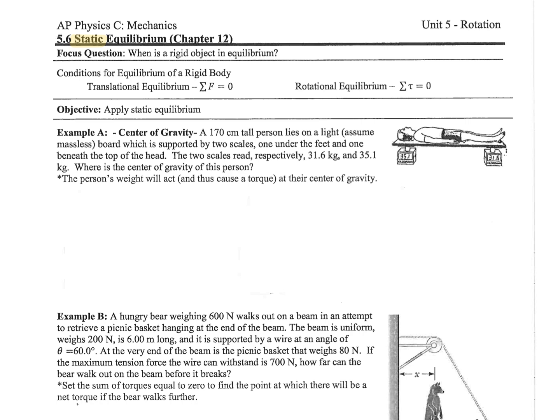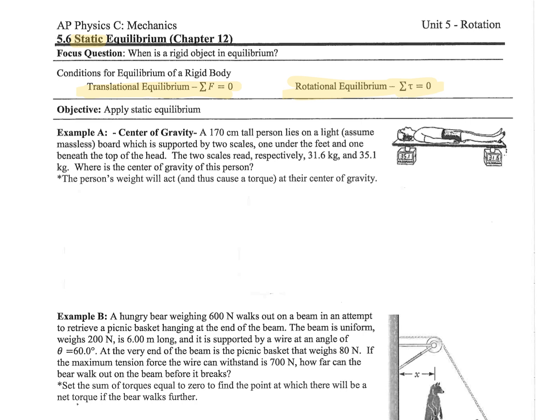Now we have to consider both linear or translational equilibrium, which is the sum of forces is zero. That's this guy right here. And then we also have to consider rotational equilibrium, which is that the sum of the torques is zero. So we really have to consider both of those things in static equilibrium.